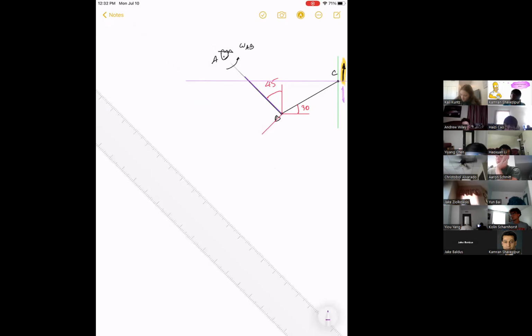Therefore, this is your IC, which means it looks like the link BD temporarily rotates about this point, right? So I need to find this length and this length. Okay?